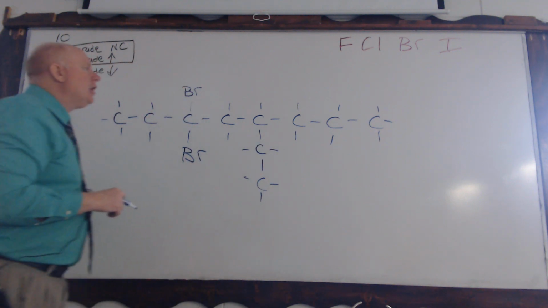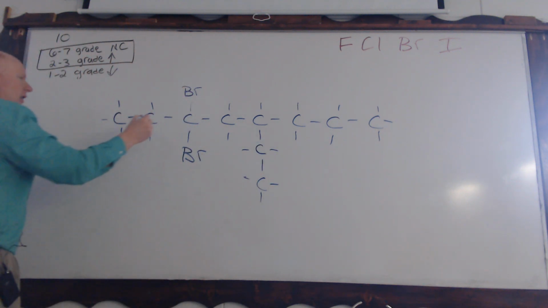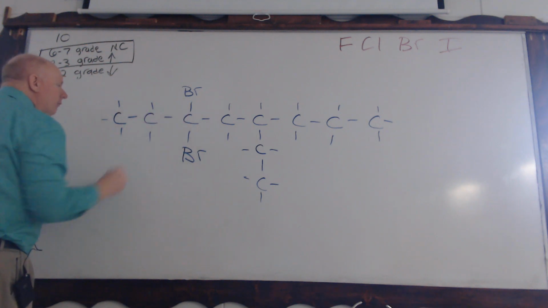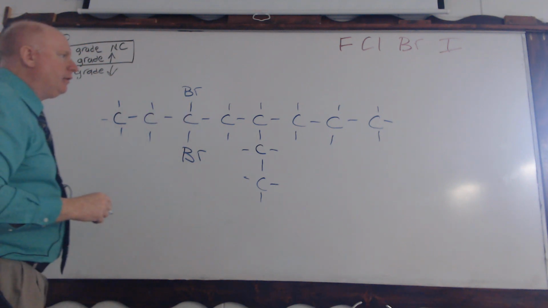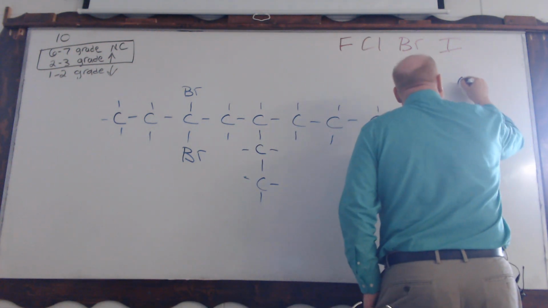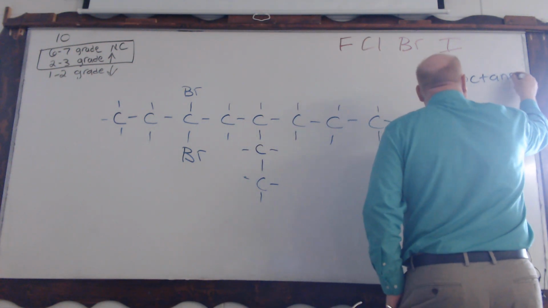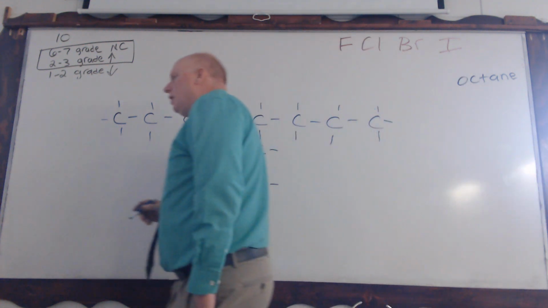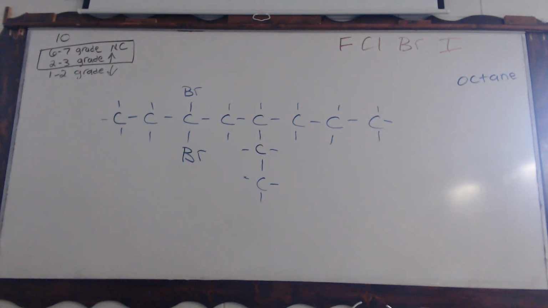All right. So we had already established the 3,3. The parent chain is what? We've established that. Okay? So we know that that is octane. Okay? So is there anything branching off of that octane? Yes, there is. Can a bromo branch off of another bromine?